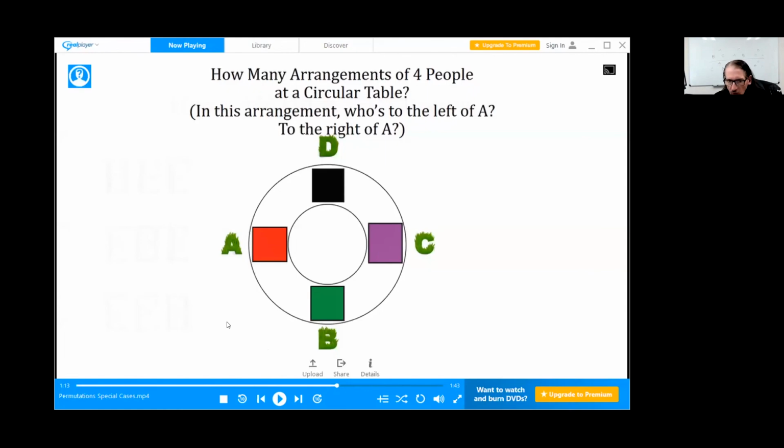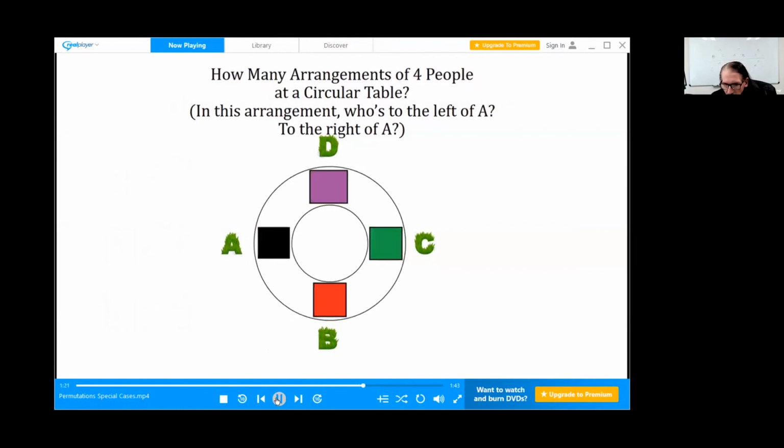So this animation is probably something that I'm going to wish to redo. What I did was color-coded the seats that they're in. And again, I'm asking the question of who's left of A, who's right of A, who's straight across. And you should see 6 different arrangements of those colors.